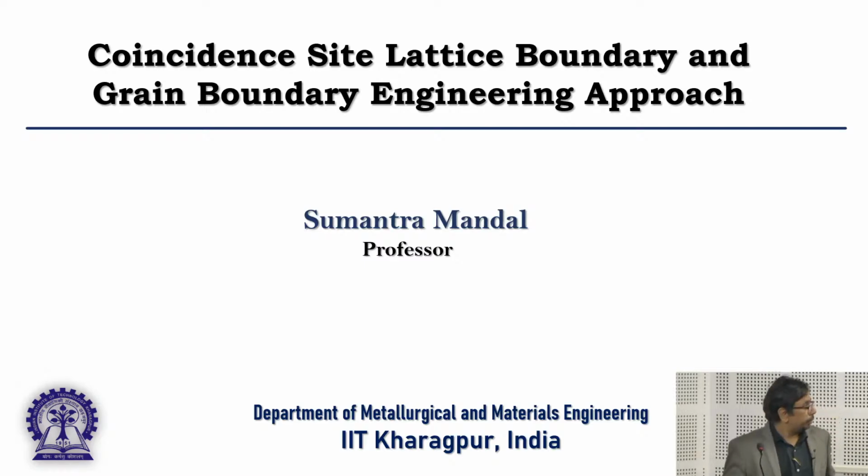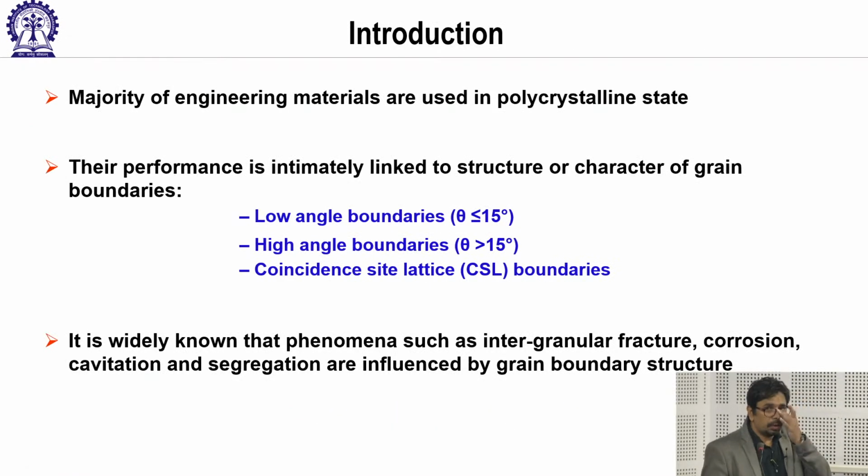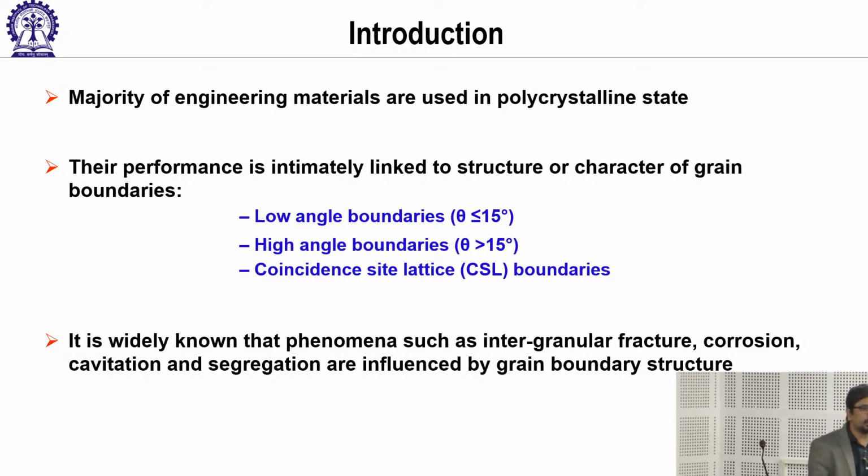So, you know that majority of engineering materials are used in polycrystalline form, right? And their performance is linked with the boundaries, and the boundaries can be categorized as low angle boundaries or high angle boundaries.